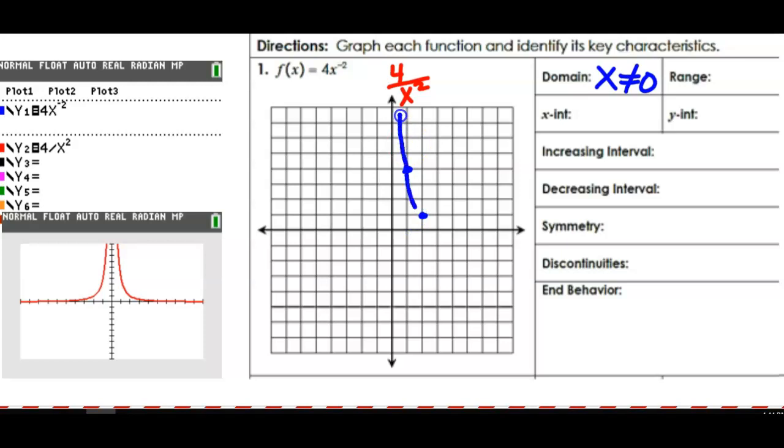So there's a couple ordered pairs we could use, but it does get smaller and smaller here. And because it's a 4 over x squared, when you put this in, it's going to stay positive. So it's going to be over here. All right, I did a little better job drawing that one.